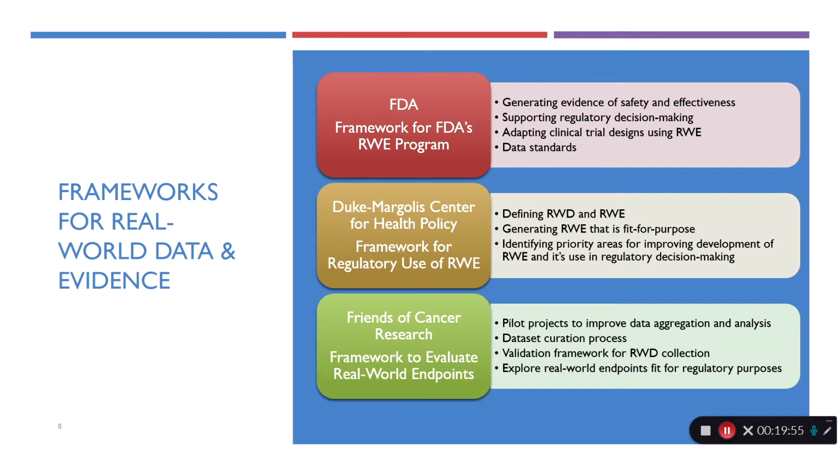And so Duke is really focused on, let's get a really good consensus-based definition of what these are, and then generate real-world evidence that's fit for purpose. Are we generating data that is appropriate for the purpose for which it's intended to be used? We're going to touch on fit for purpose here in just a moment.